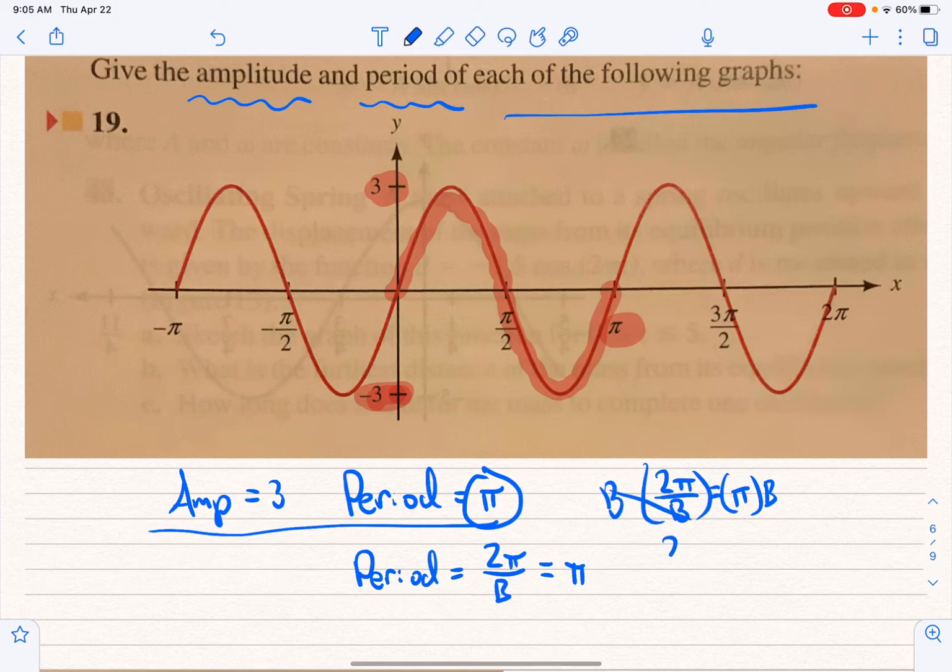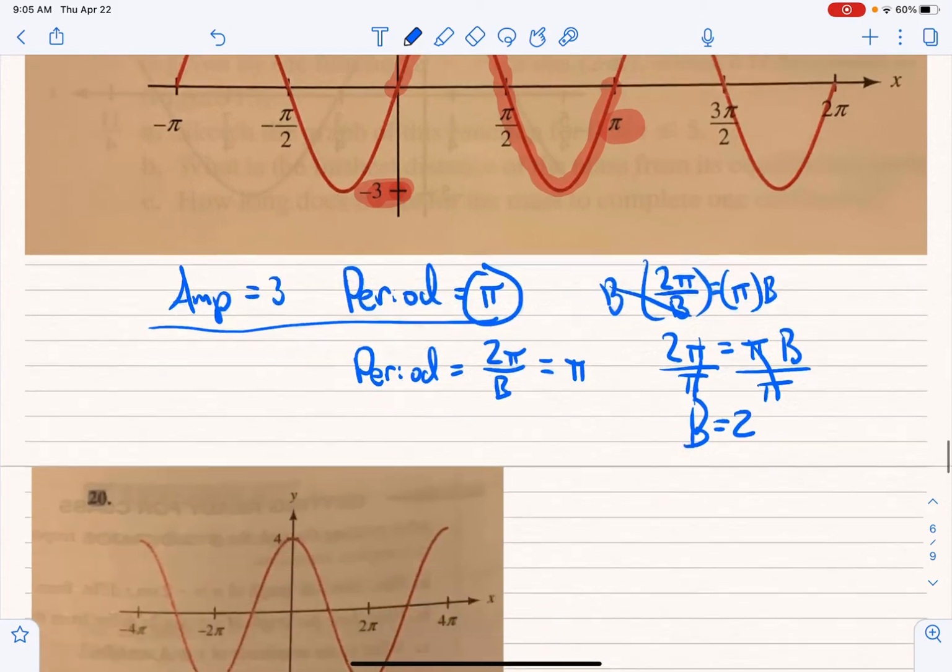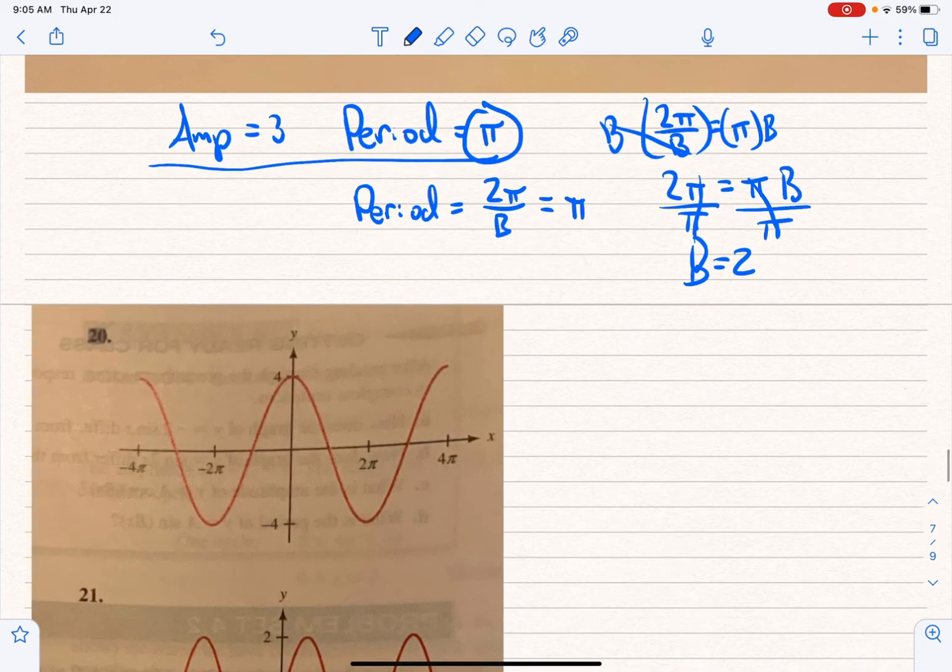These cancel out. You get 2 pi is equal to pi times b. And at this point, you can divide both sides by pi. And hopefully you already saw the answer at this point. But you go b is 2. I'm sorry if that's way down at the bottom of the screen. Okay, b is 2. So you know your a value is 3, and you know your b value is 2.